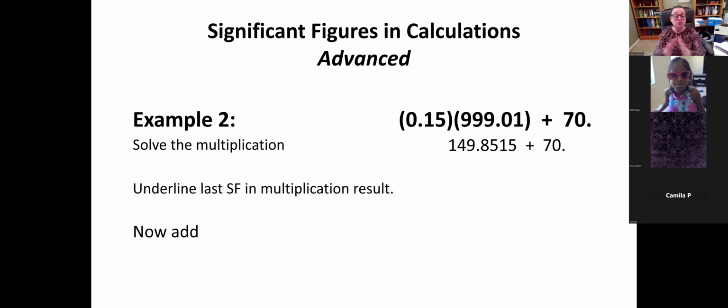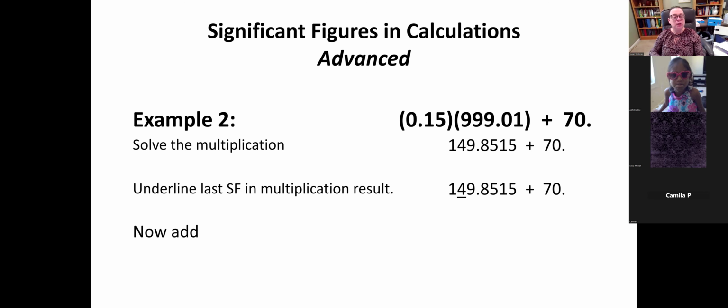Remember, just because we wrote down 149.8515, that does not mean that there are 7 significant figures. There really are only 2. The other digits we wrote down are not significant. We just made them up. Based on those measurements that they came from, we really can't report that level of detail.